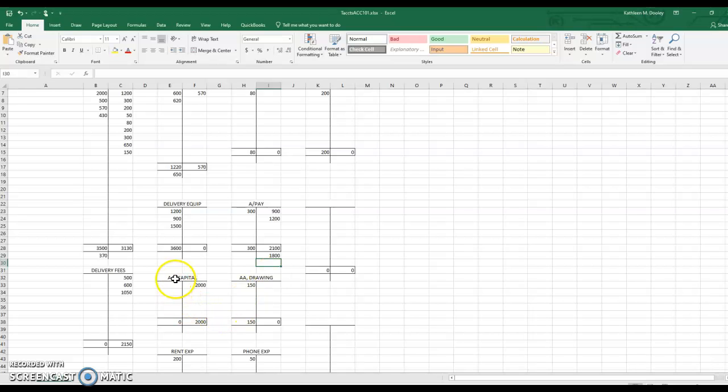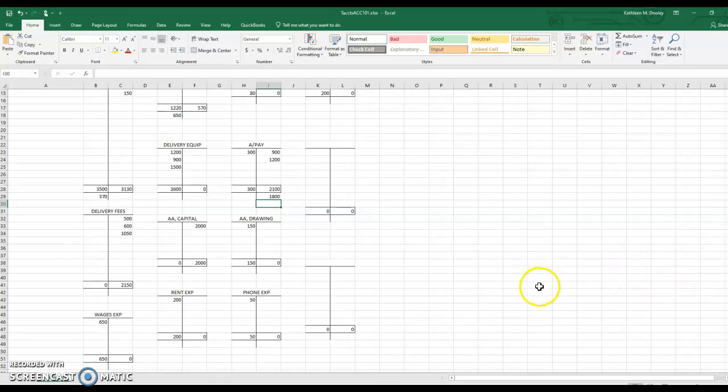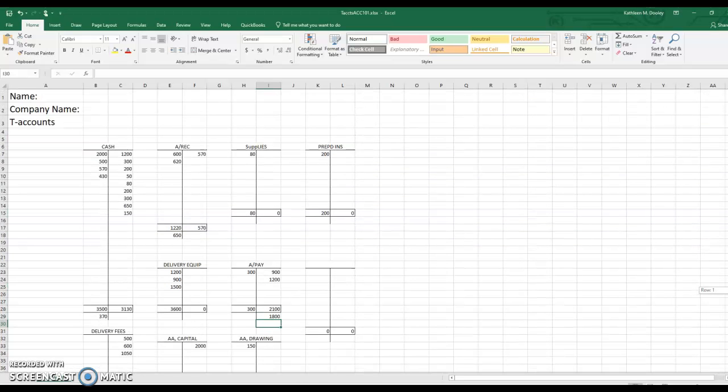Okay? Now, my capital only has something on one side, drawing only has something on one side, so I just leave those be. Delivery fees only has stuff on one side, so I leave it be with just the footing. Wages, rent, and phone all have something only on one side, so I just leave them be with just the footing.